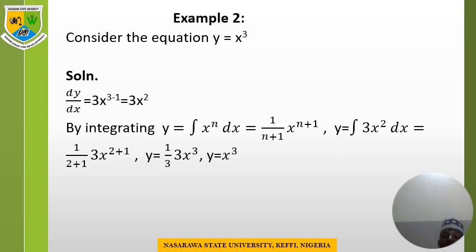By integration, you have to add 1 to the power of 2 and multiply the term by 1 over the new power, as you can see: 1 over 2 plus 1 times 3x raised to power 2 plus 1, which is the same thing as 1 over 3 times 3x raised to power 3, which is equal to x raised to power 3.